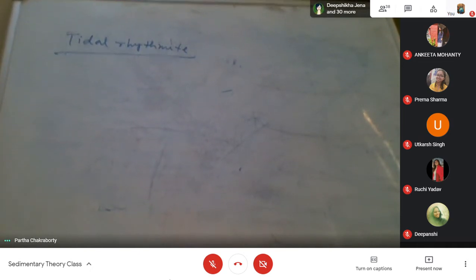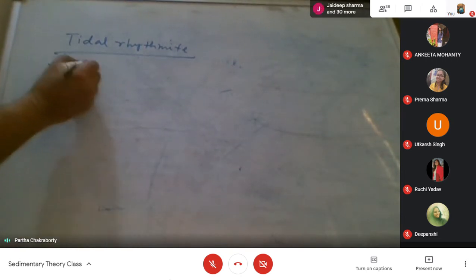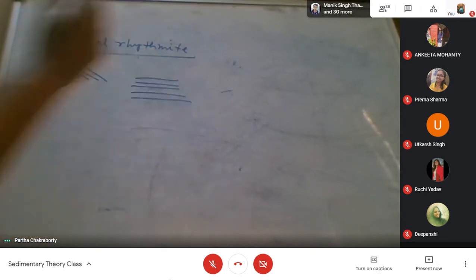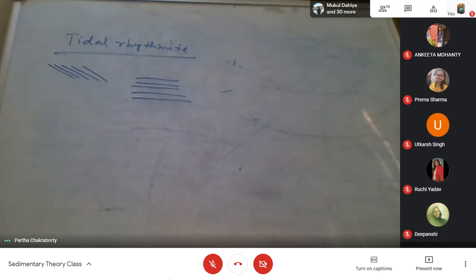It may be in the form of inclined cross-stratified strata, or in the form of horizontal strata. Both are possible. It may be recorded as the movement of a bedform, or by the movement of sand and mud forming horizontal strata.